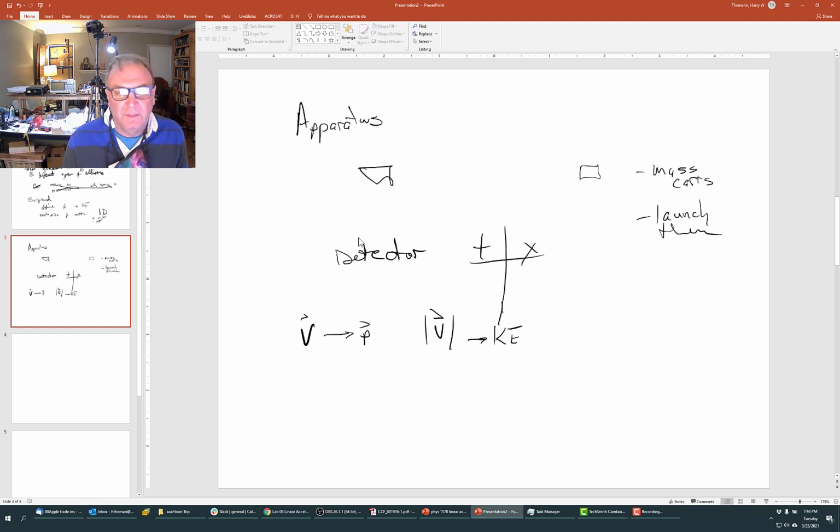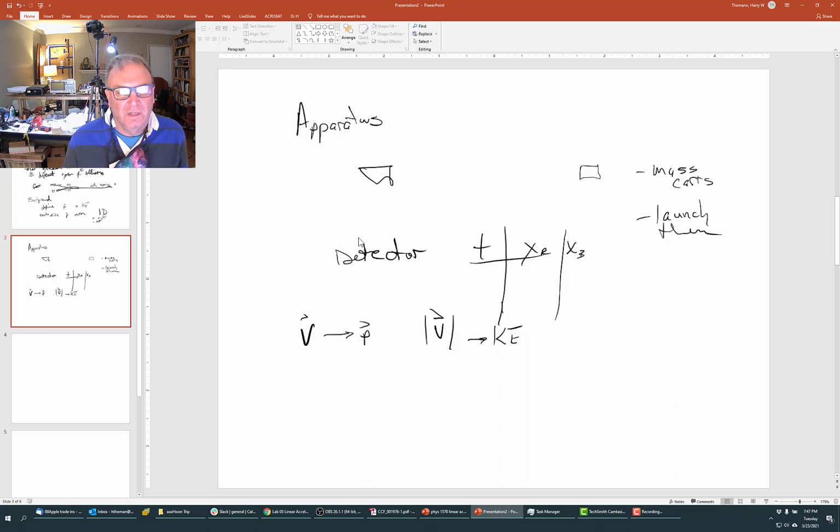okay, so this produces, we have this here, the detector. We can produce sets of data with the time for the red cart and the position for the red cart and the blue cart. Right, so this produces these tables.